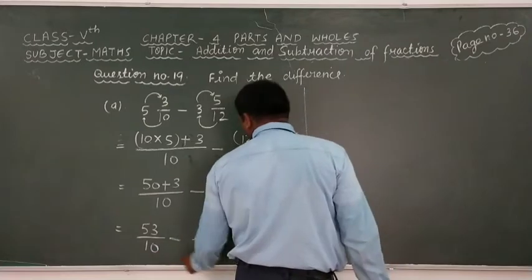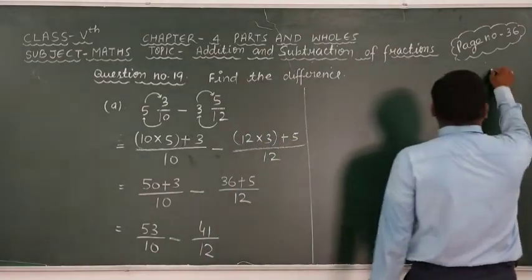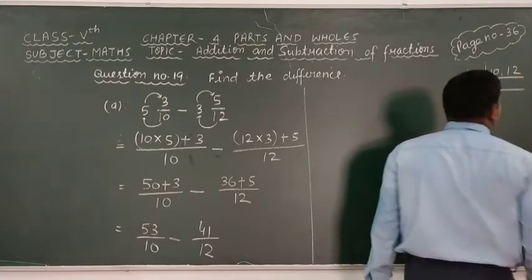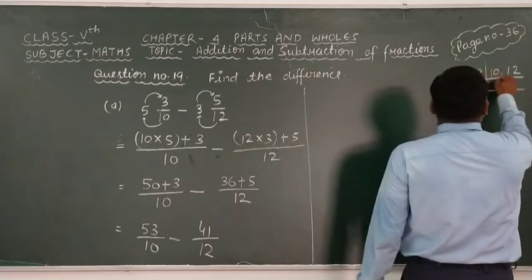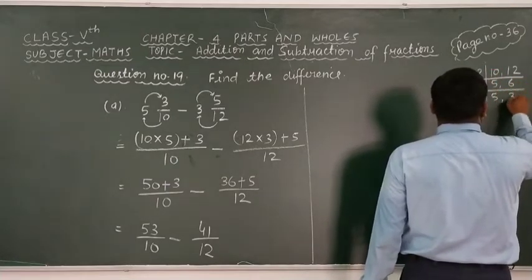Because the denominators 10 and 12 are not the same, we take the LCM of 10 and 12. 2 5s are 10, 2 6s are 12, 2 3s are 6.